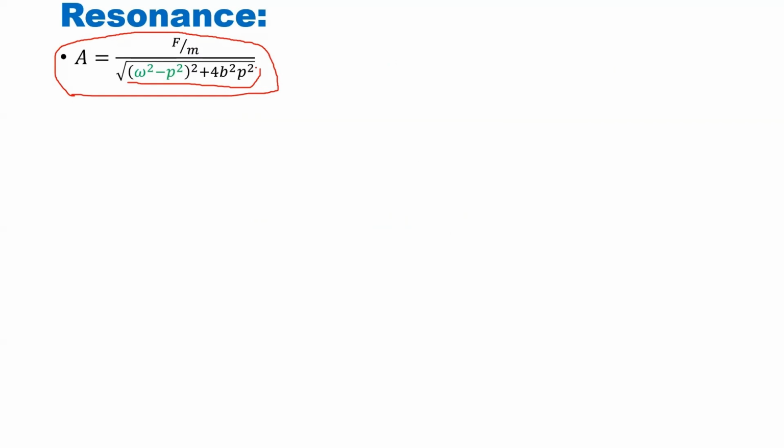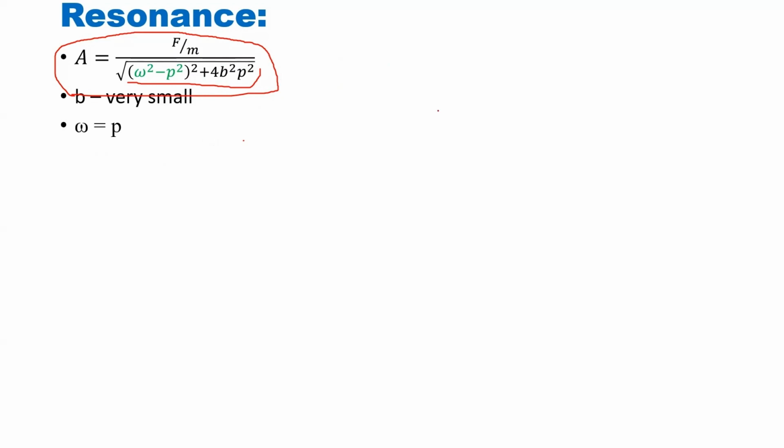That means the amplitude is high, and high amplitude means the situation is resonance. So we are going to prove the conditions: one is p equal to omega, meaning the frequency of the periodic force equals the natural frequency of the system. Another one is b is small. These two conditions are what we are going to discuss here.